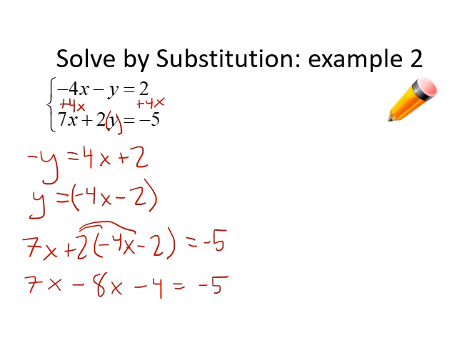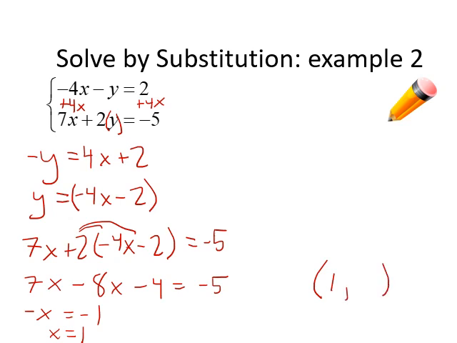From there, combine my like terms, negative x, because 7 minus 8 is -1x. And I'm going to add the 4 over to the other side right away. So negative x equals -1. That tells me that x equals 1. So I have the x part of my solution.